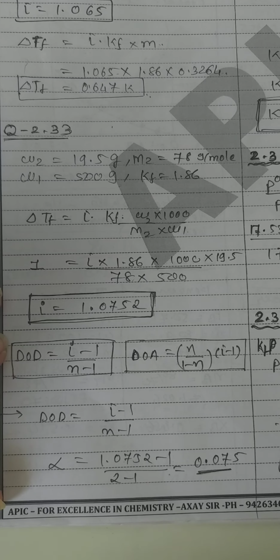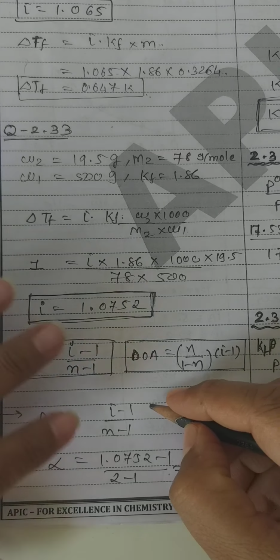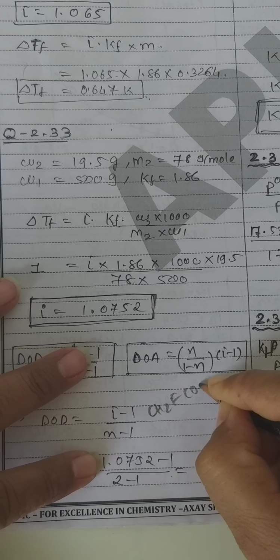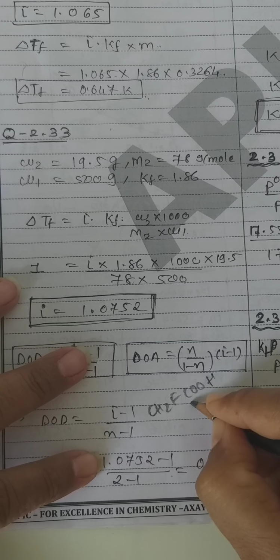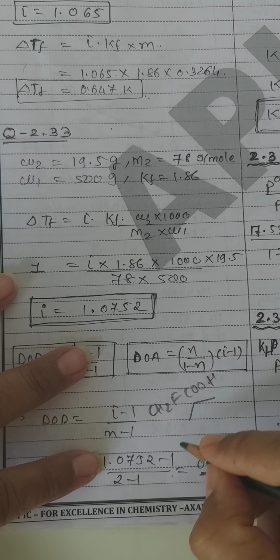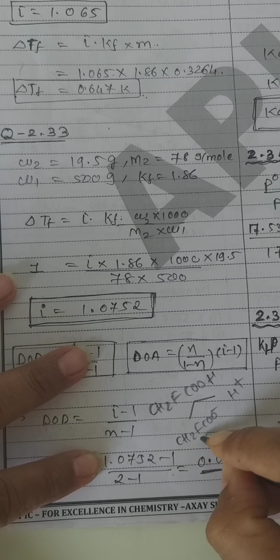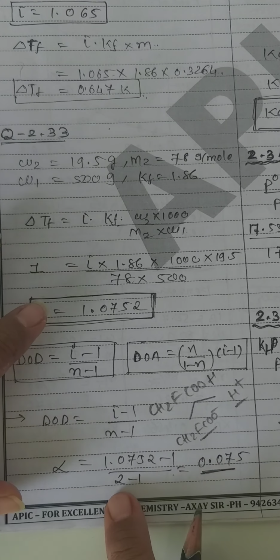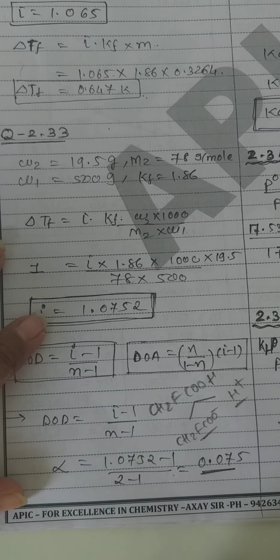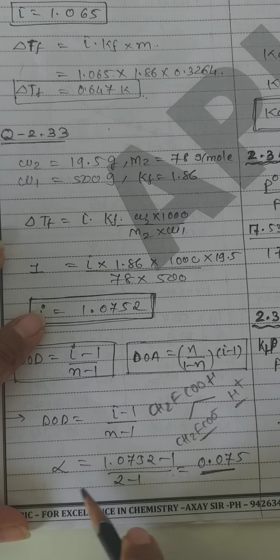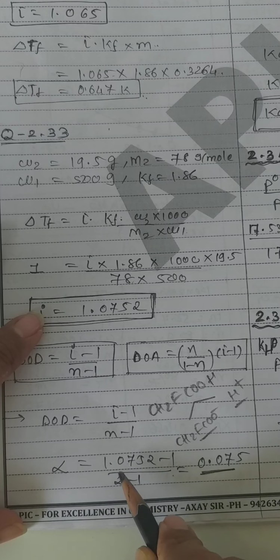That means when CH2FCOOH dissociates, it is dissociated into 2 ions, that is CH2FCOO minus and H plus. So we have here 1 and 2. Actual number of ions is 2. So at that time I told you what n should be taken, that we will clear in the numericals, okay. So alpha is equal to (1.0752 minus 1) upon (2 minus 1).